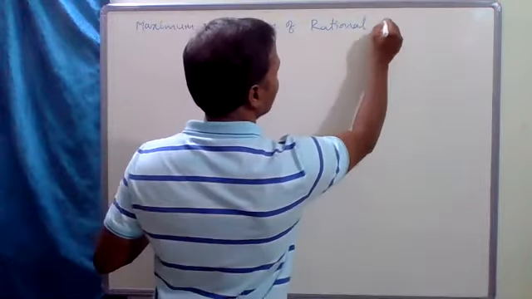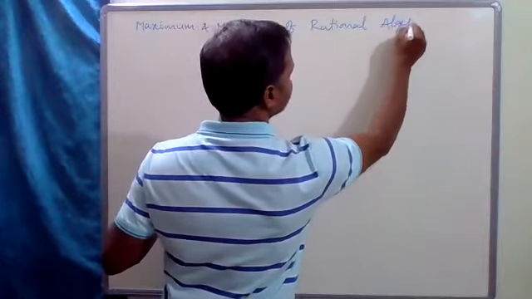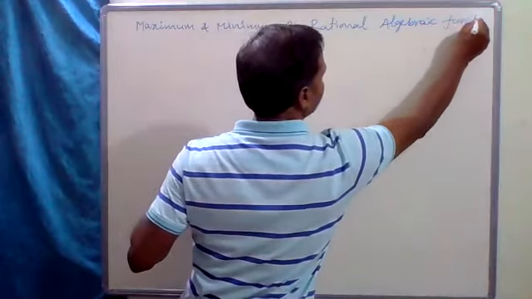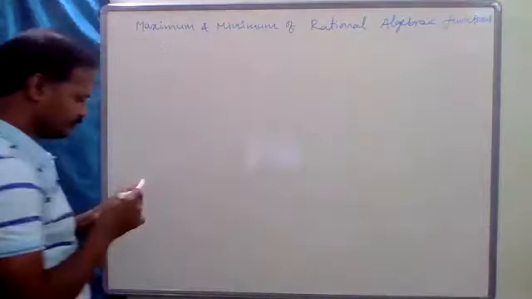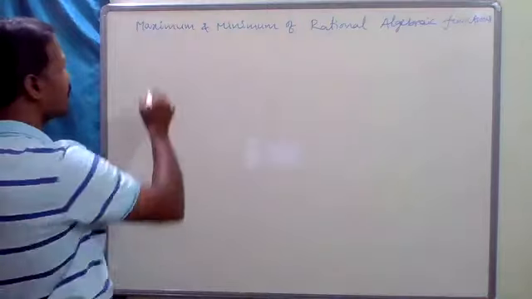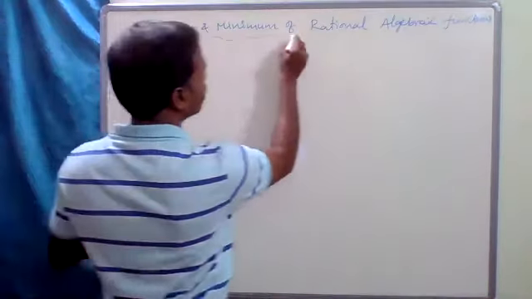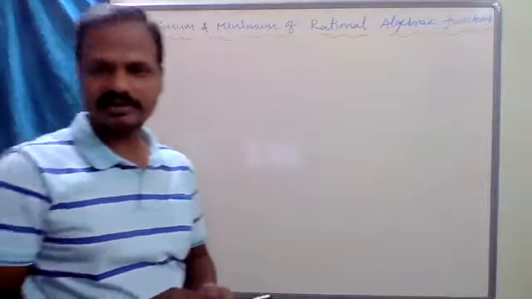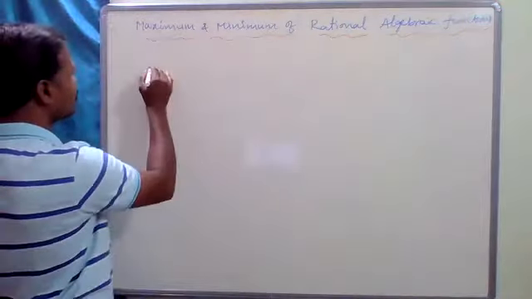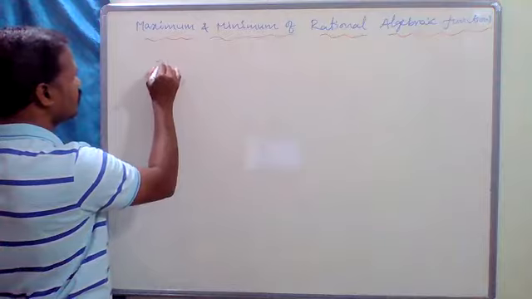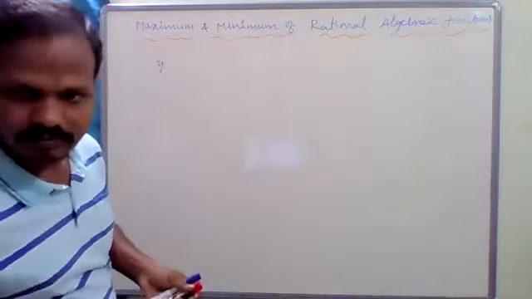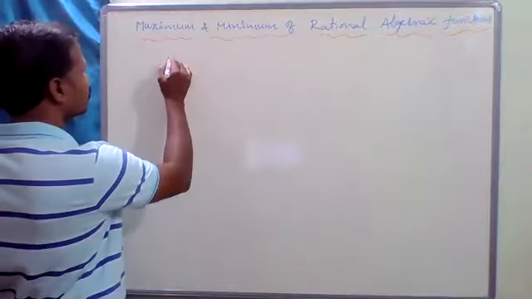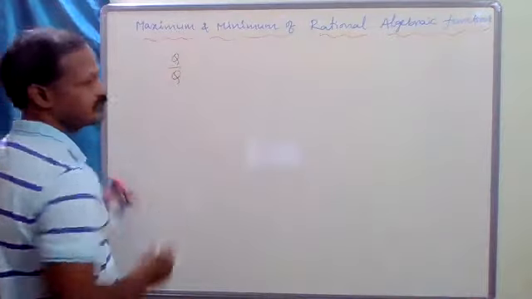Rational algebraic functions means functions like this: quadratic by quadratic.